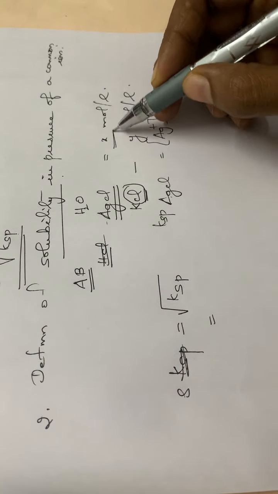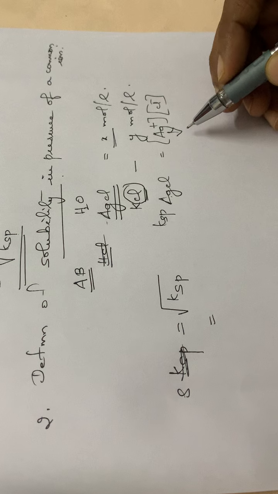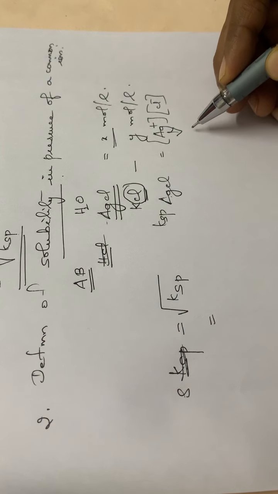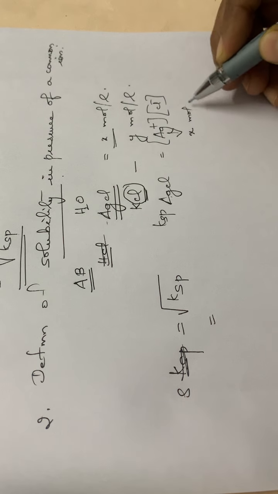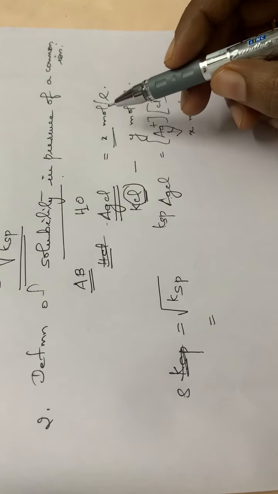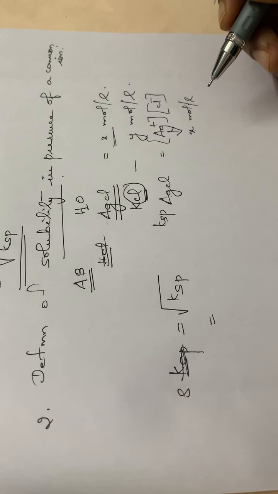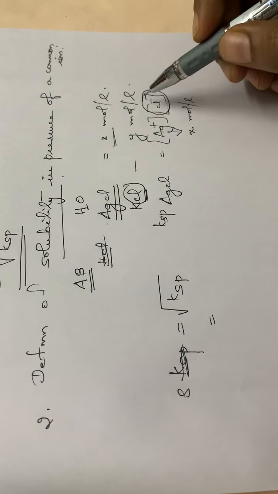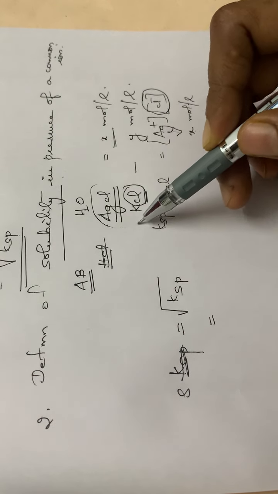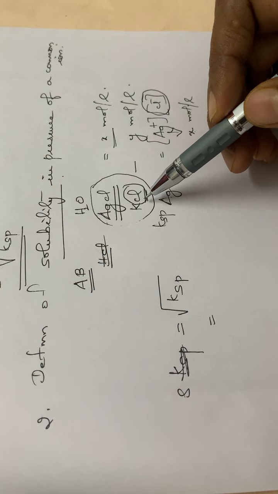Here, the concentration of AgCl is determined by some other method, that is, it can be determined by the EMF method. Since the concentration of AgCl is X, let the concentration of Ag plus be X moles per liter. In the solution, along with the sparingly soluble salt, another electrolyte is also added.